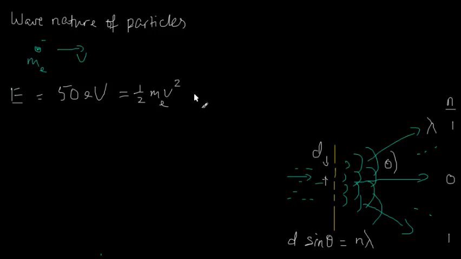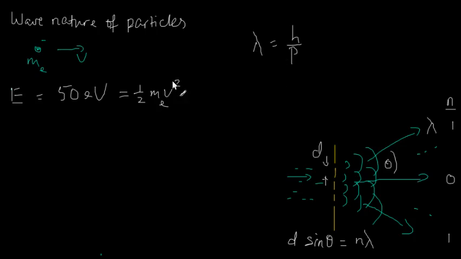Now this means that I can calculate the momentum. Remember that we need to know the momentum to find the wavelength. Let me write down de Broglie's relation again. That's the formula to find the wavelength from the momentum.